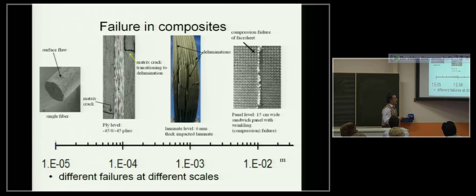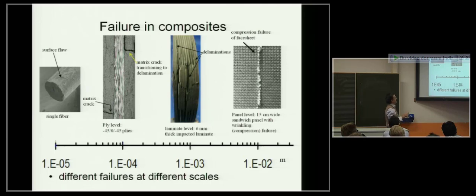So under some kind of loading you can crack the matrix. And when you crack the matrix, the crack goes in between the fibers at the beginning. You cannot break the fibers, they are much stronger, so if you're a crack and you're trying to move around, you will select the path of least resistance, which means you will zigzag a little bit. That's why it's not a perfect straight crack.